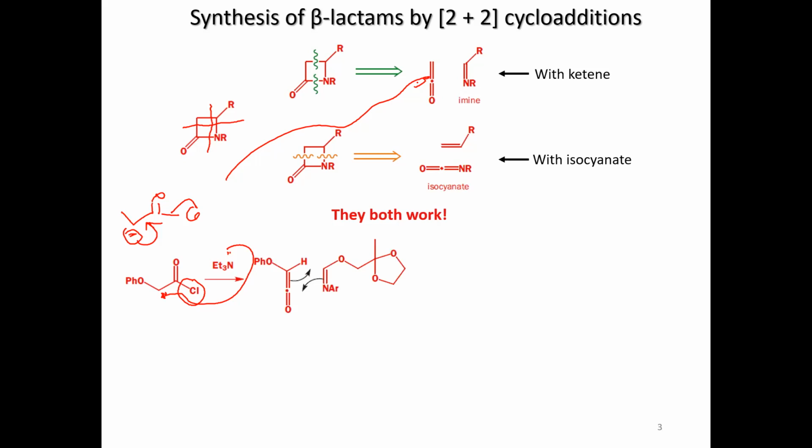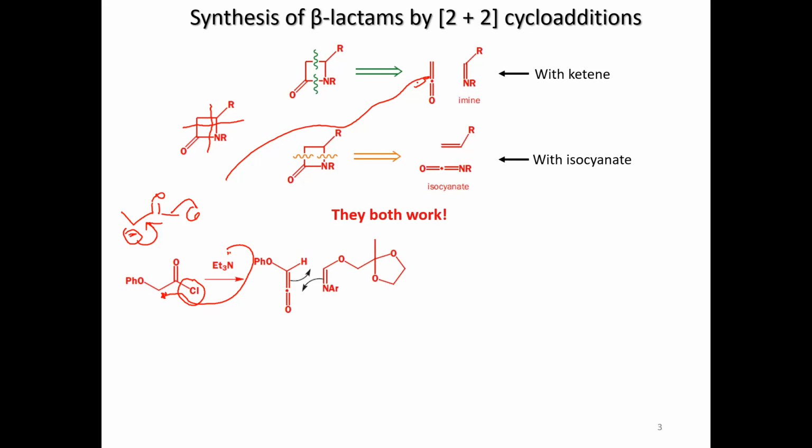Once you form the ketene, you can use it with whatever quite activated carbon-nitrogen bonds, and you can have selectivity. Remember, one of the good things about these pericyclic reactions is that they are very selective.